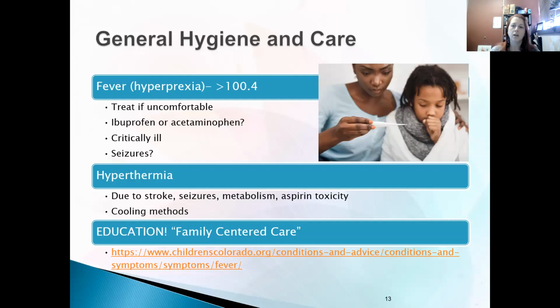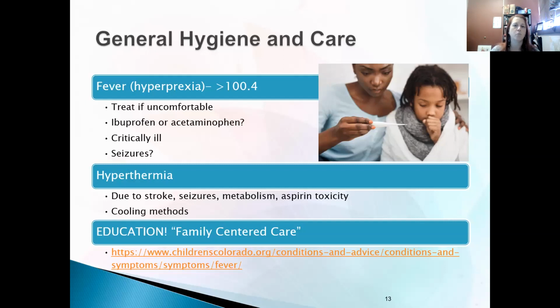It's causing things like your prostaglandins to go up, which will increase the body temperature. Your body's responding to that. That's hyperpyrexia. Hyperthermia is an elevated body temperature because of an abnormal set point. So think about the head injury that we talked about, or seizures. This could be medications that do this, strokes can do it.